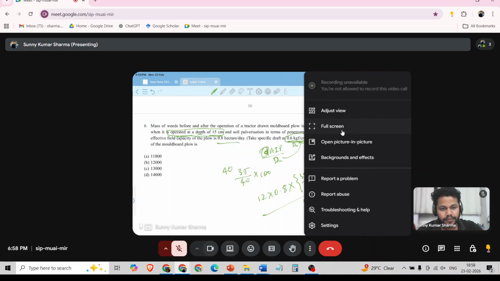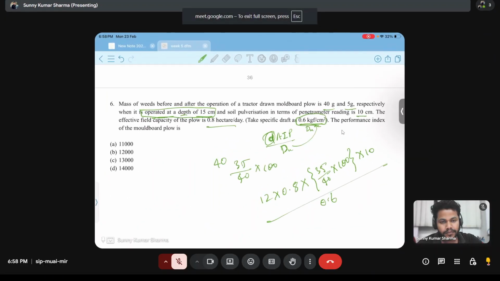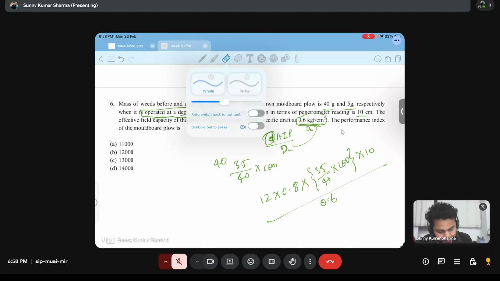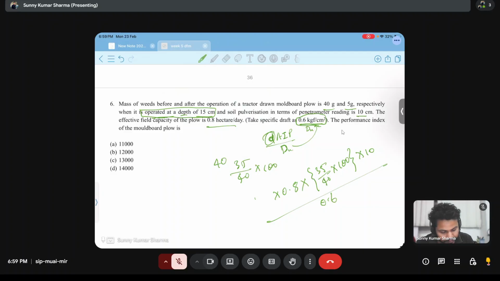Sir, how did you get that value 12? Sorry, this is 15. So 15 into 0.8 into 87.5 into 10 divided by 0.6. Sir, it is coming 17,500.